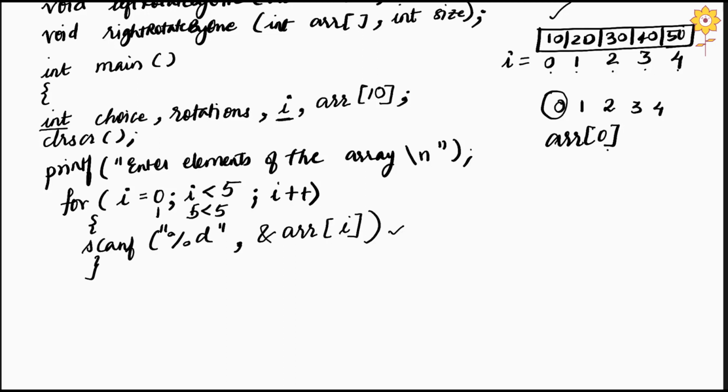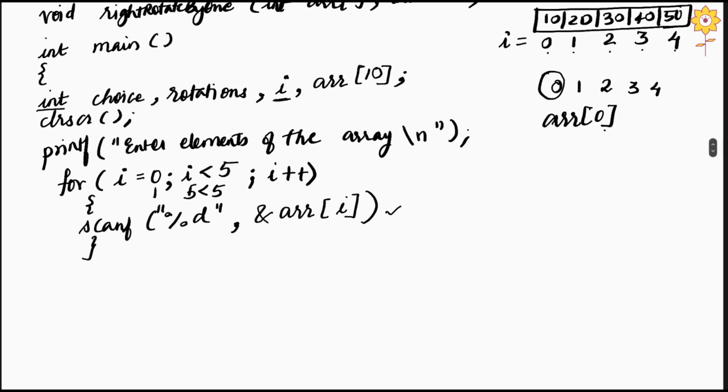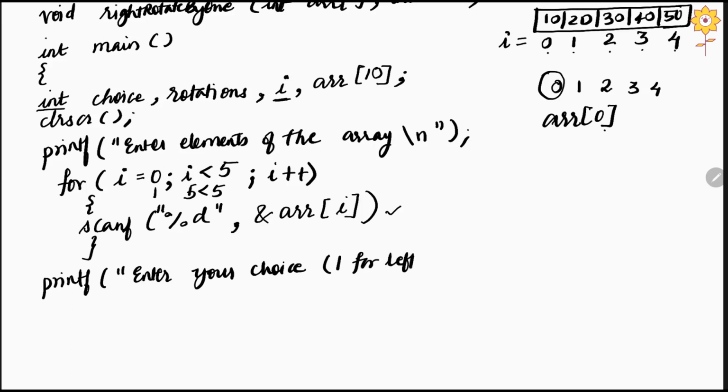Next, what do we have to do? Once we have the elements of the array, we have to ask the user for their choice, whether they want to rotate our array in the left direction or in the right direction. For that we will write a printf statement. Inside printf we will write "Enter your choice". We will tell them that 1 is for left, 2 is for right.